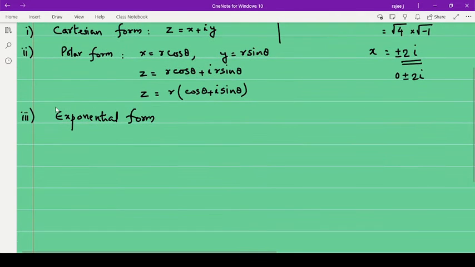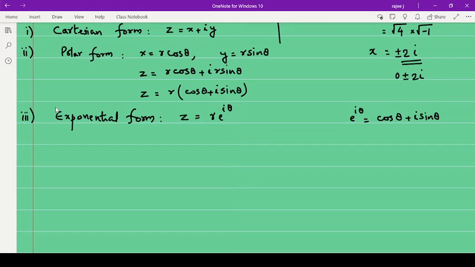Exponential form is given by z equal to, why we say Euler's form, because we know e raised to i theta is cos theta plus i sin theta. This is Euler's formula. So when you write this, instead of cos theta plus i sin theta, I will write e raised to i theta. Then this is the exponential form of a complex number.